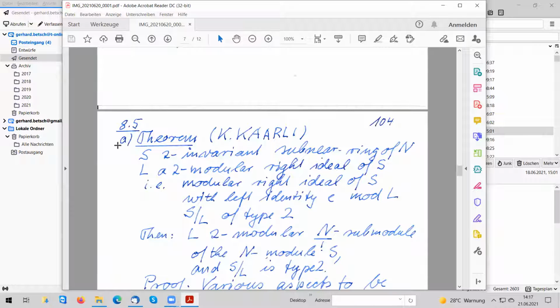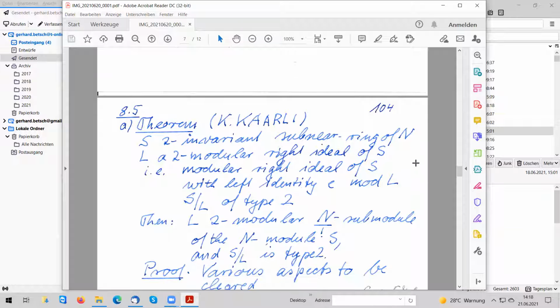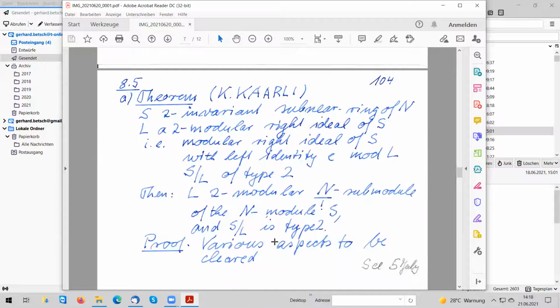Then L is a 2-modular N-submodule. In the beginning, it was a modular right ideal of S. It's a 2-modular N-submodule of the N-module S, and S modulo L is of type 2.